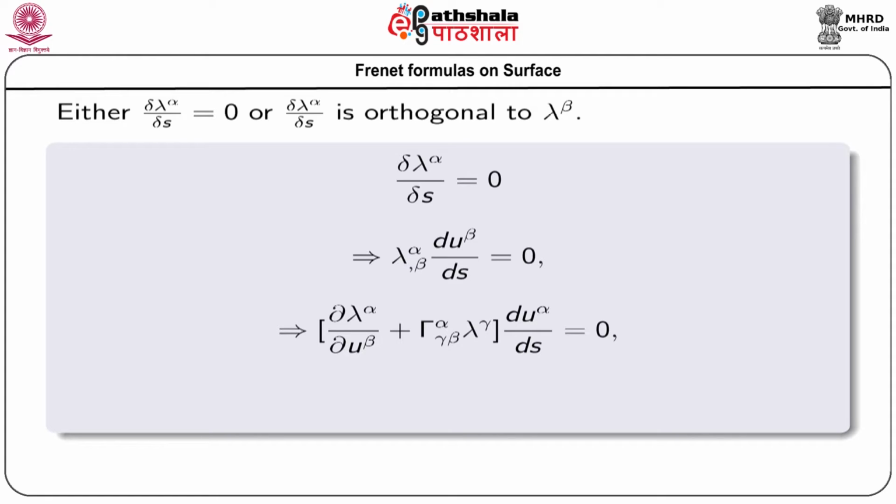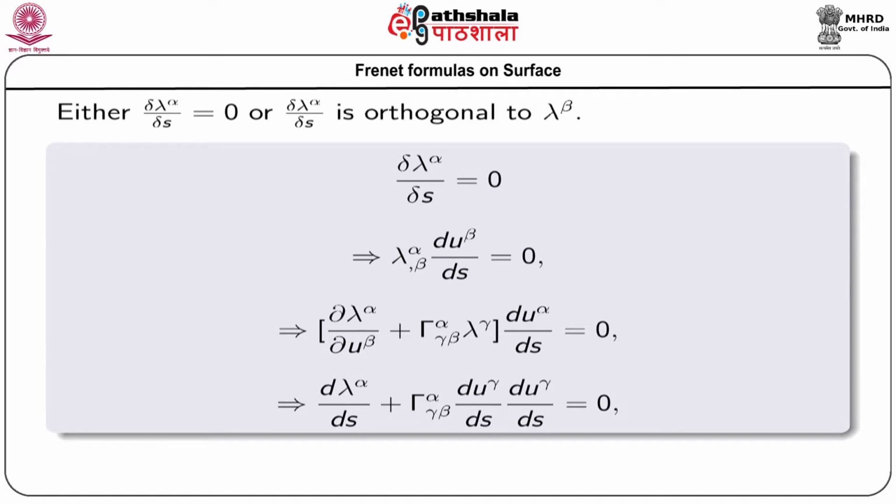Now, from the definition of covariant differentiation, lambda alpha comma beta can be expressed in the following way: del lambda alpha by del u beta plus the Christoffel symbol of second kind alpha gamma beta lambda gamma, whole bracket, du beta ds.